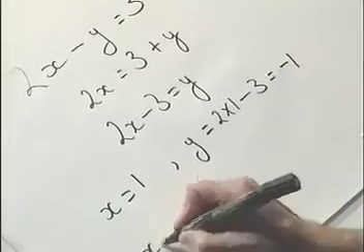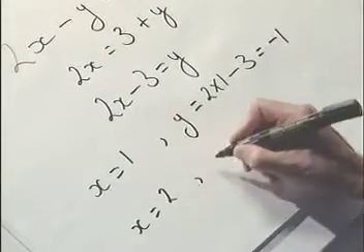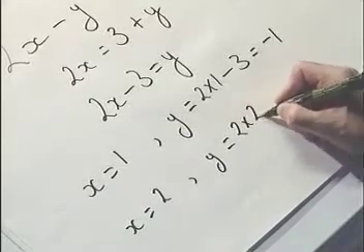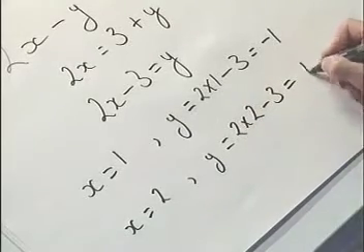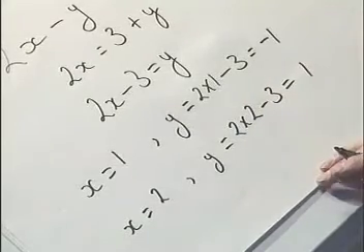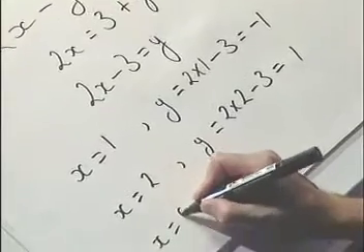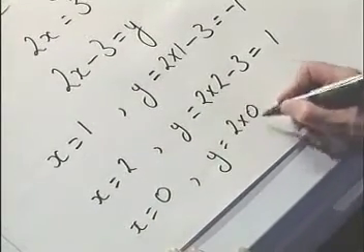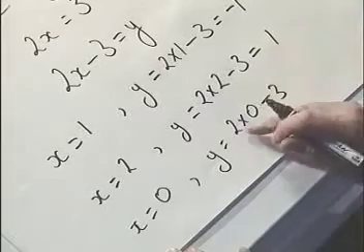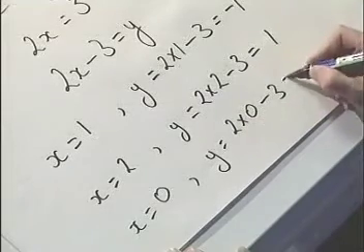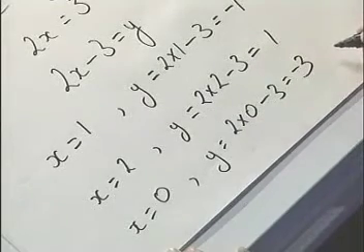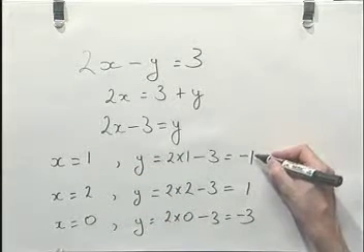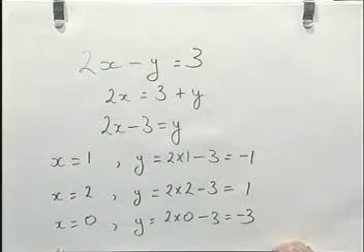I can take another value of x. x equals 2. y will equal 2 times 2 minus 3, which is plus 1. Another value of x, x equals 0. y equals 2 times 0 minus 3. Well, 2 times 0 is 0, and that gives me minus 3. So for every value of x, I can generate a value of y.